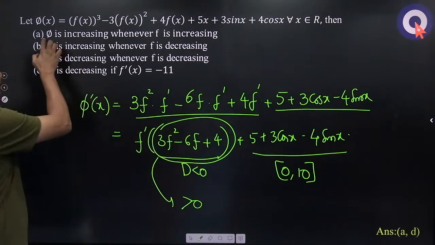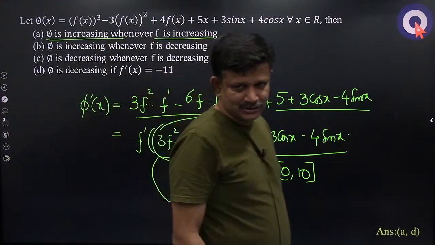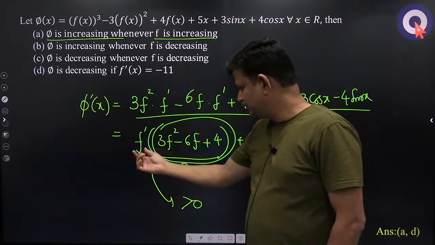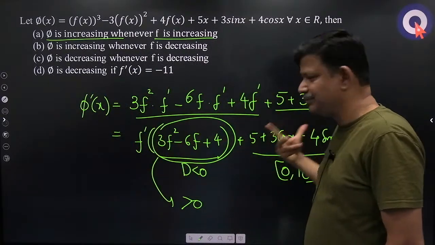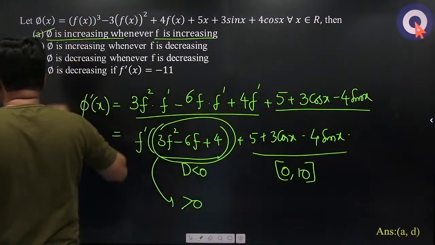And option A, what does it say? Whenever f is increasing, that means f dash is positive, this is positive, this is positive, this is positive. Sum of all of them will be positive. So phi will be an increasing function.